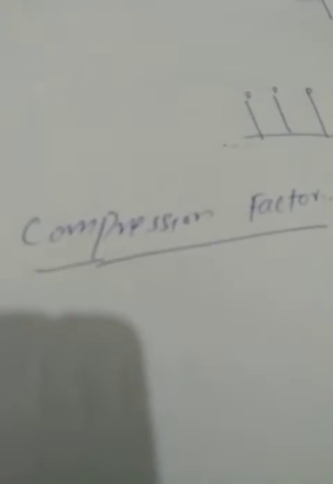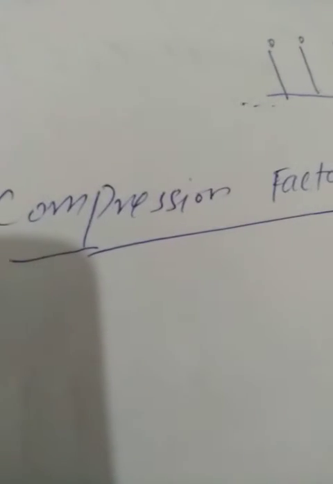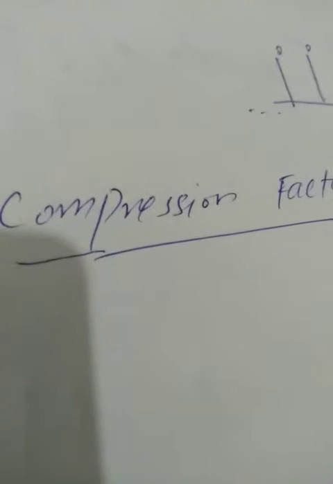And then the next thing we are going to discuss is compression. Compression factor, or compression. What do we do in the compression system? We compress our values or decompress our values.